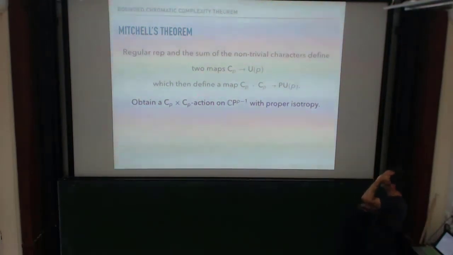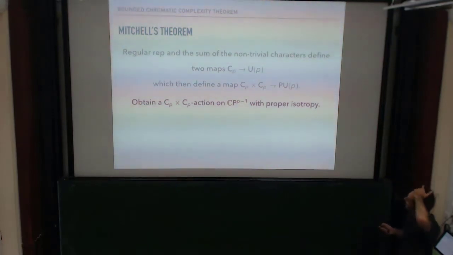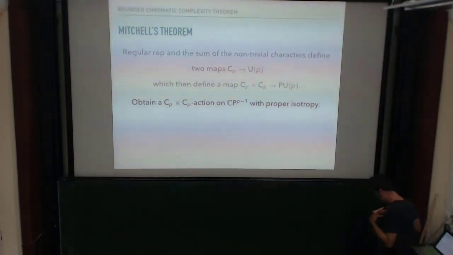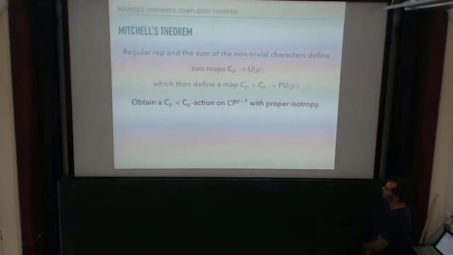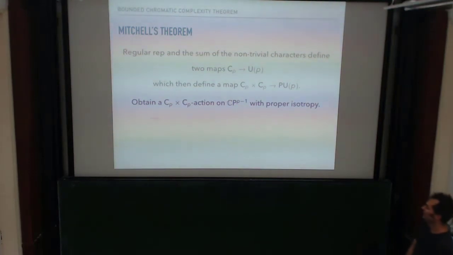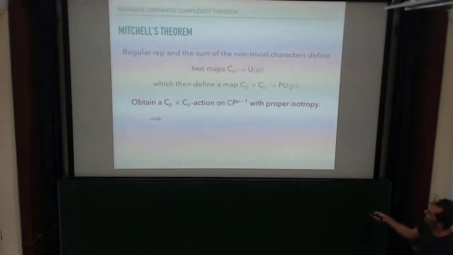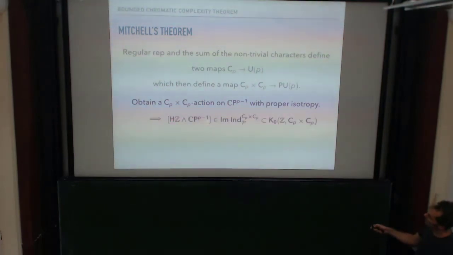You can now look at the fixed points of this. And you can see that there are no fixed points. Nothing is fixed by the entire group. You always get isotropy in proper subgroups. So what does that mean? That if I look at this CP^{p-1}, I induce it up, so I smash with HZ.